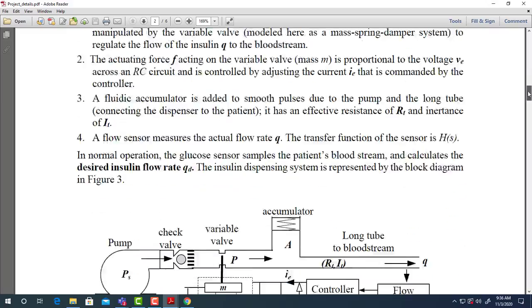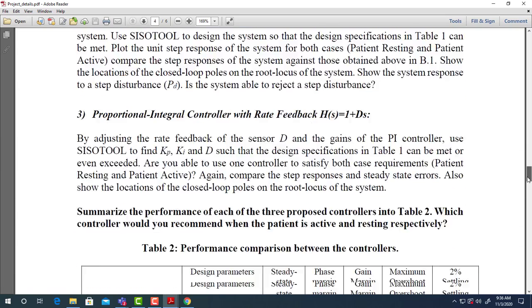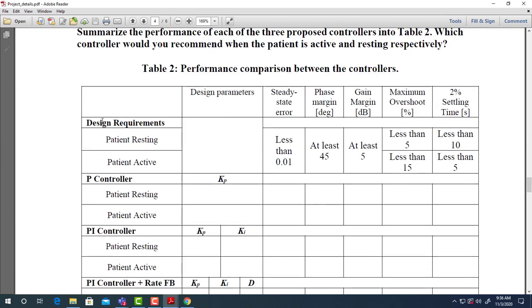But yes, here in the project I'm asking you to design a controller based on some design requirements.